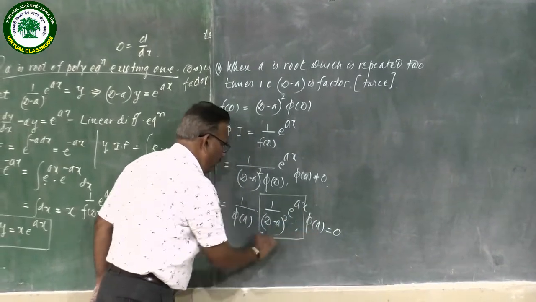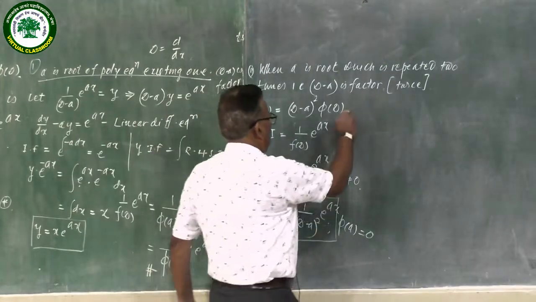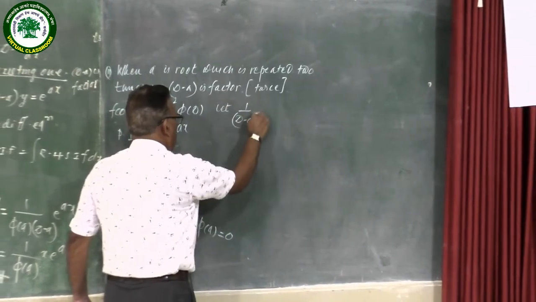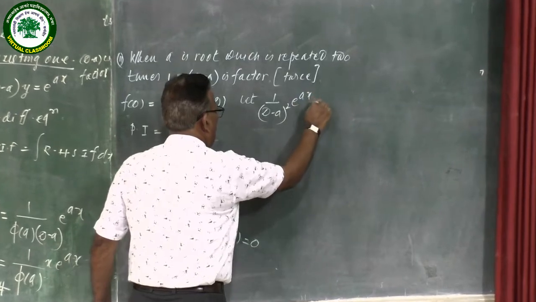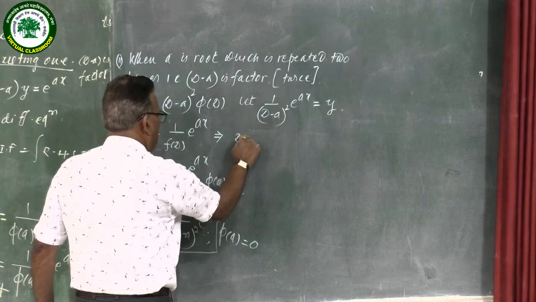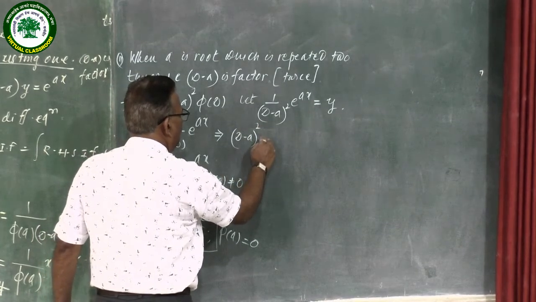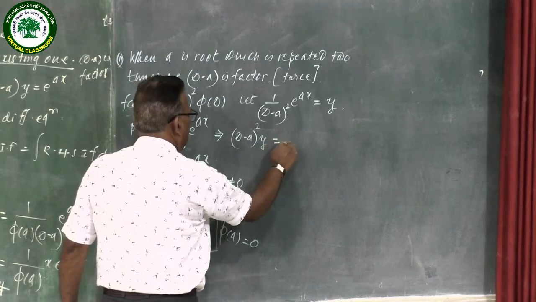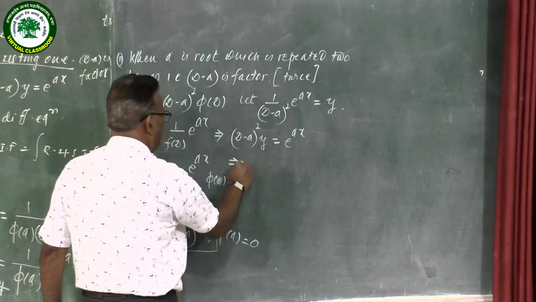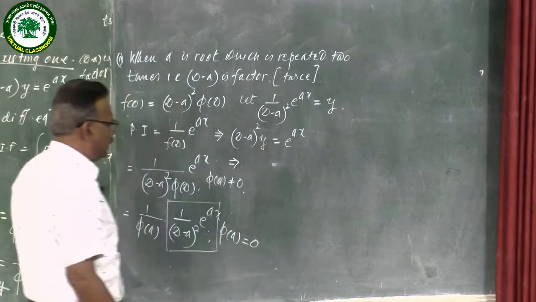You have to find the solution of this part. We are taking that solution again. Let 1/(D − a)² e^x equal y. This implies that (D − a)² y = e^x, and you can directly take the answer also in this way.